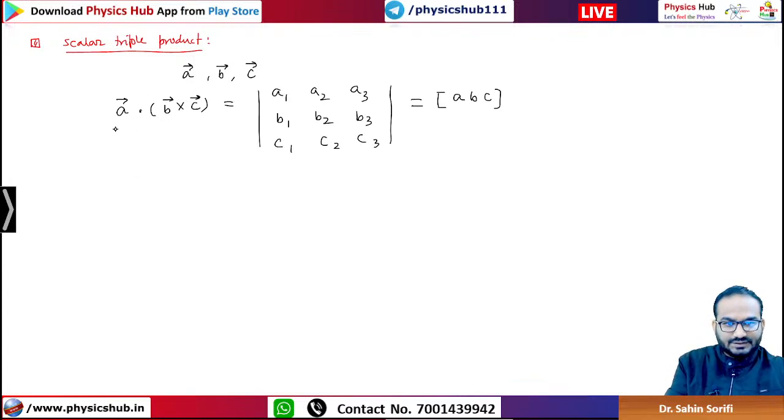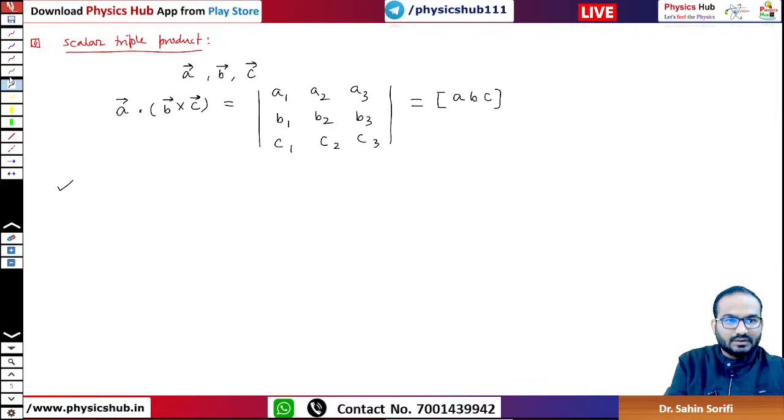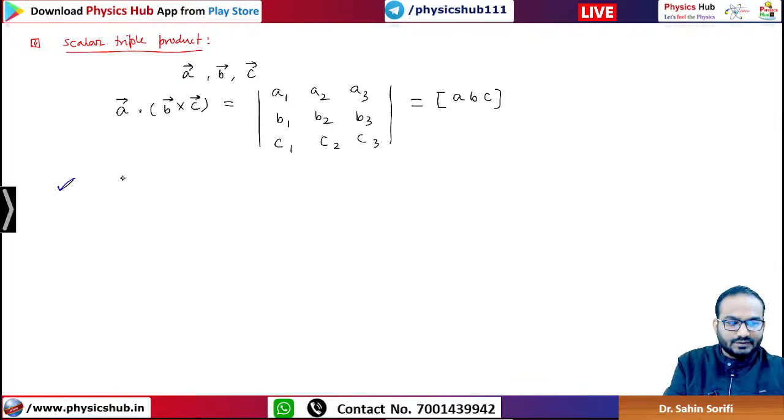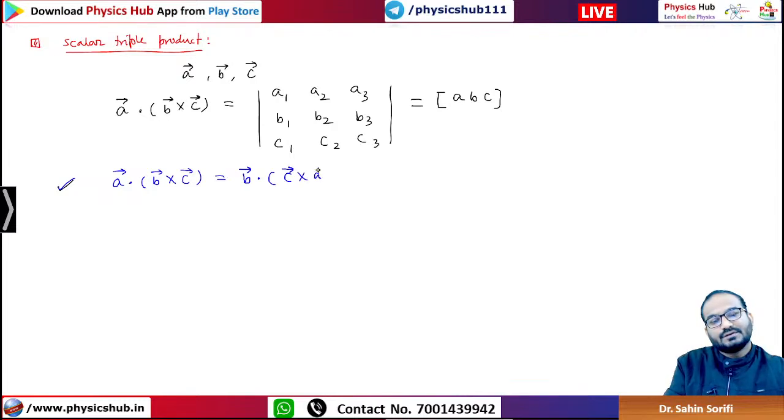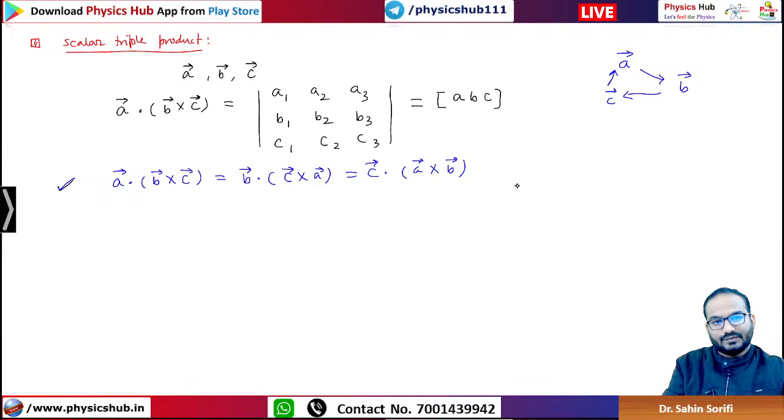Now these scalar triple products follow certain properties which we will talk about now. So you see A dot B cross C will be the same as B dot C cross A. So each time, if you remember this one, A, B, C. A dot B cross C, now you take B, so B dot C cross A, now you take C, C dot A cross B. So all these three values are the same.